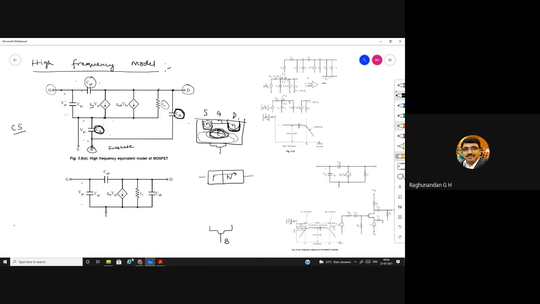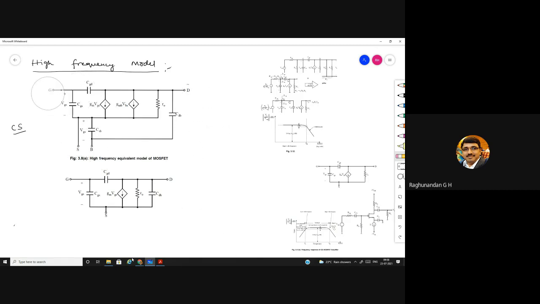Now, with all these things, we should know that the effect of these capacitors will exist under high frequency modeling.